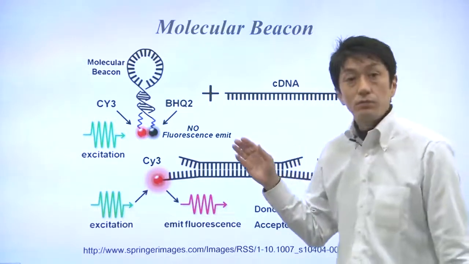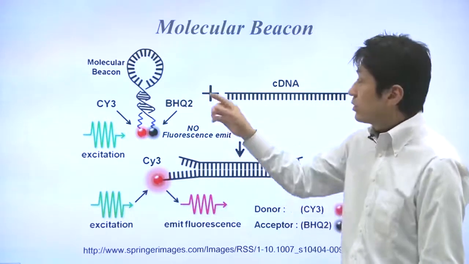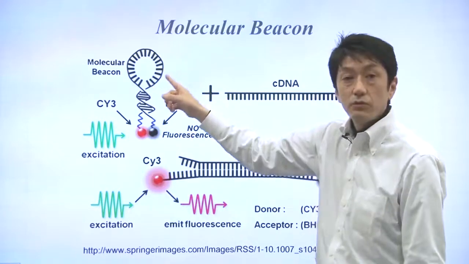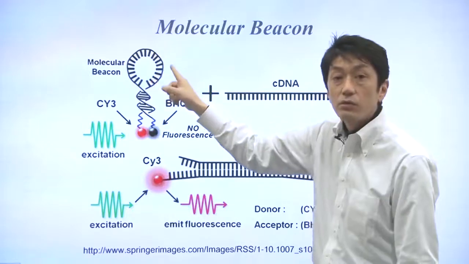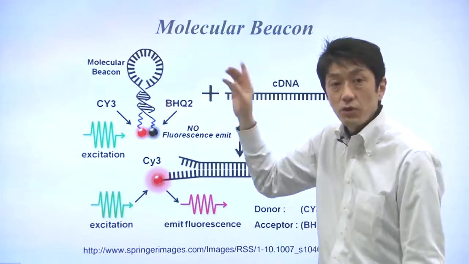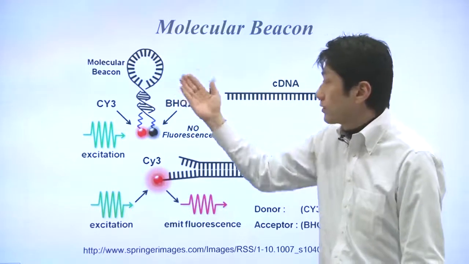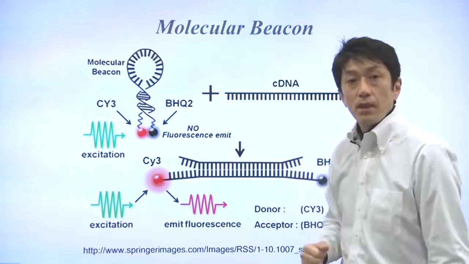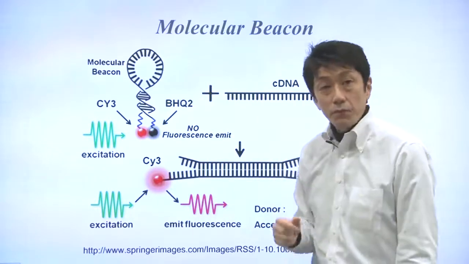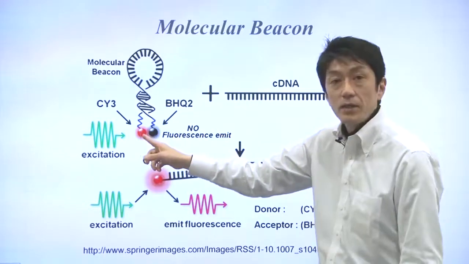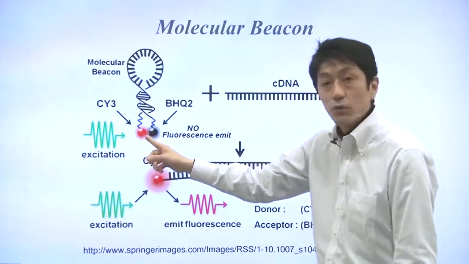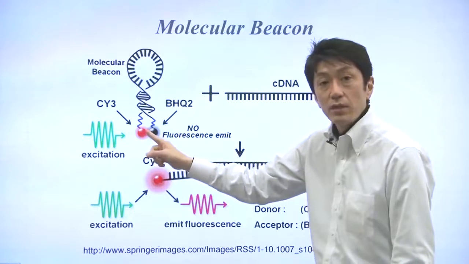A typical molecular beacon is 25 nucleotides long, and the middle 15 nucleotides do not base pair with one another. At the 5' end of the molecular beacon, a fluorescent dye is covalently attached, for example, Cy3 in this particular design.